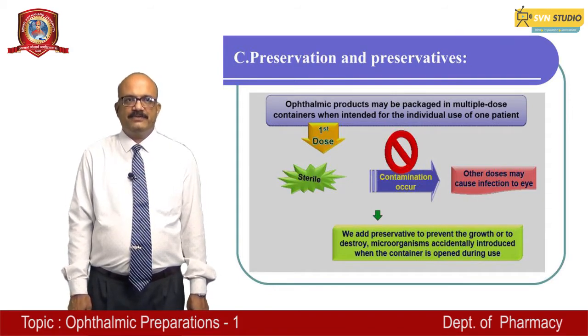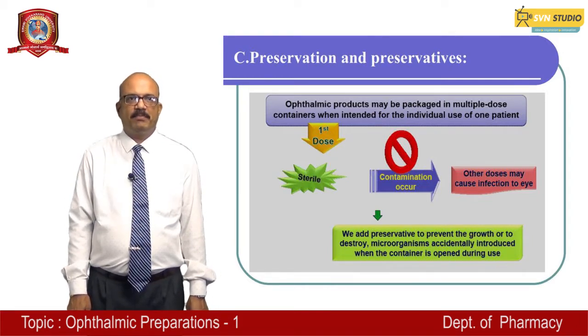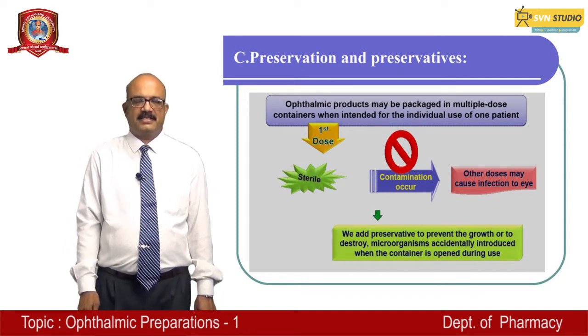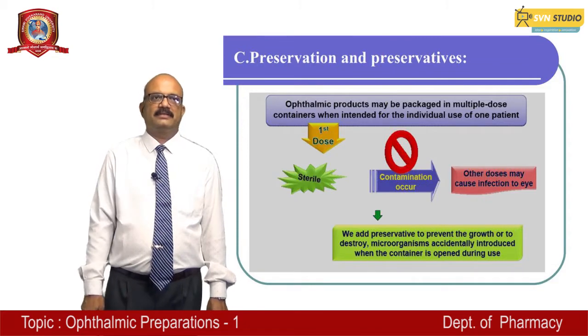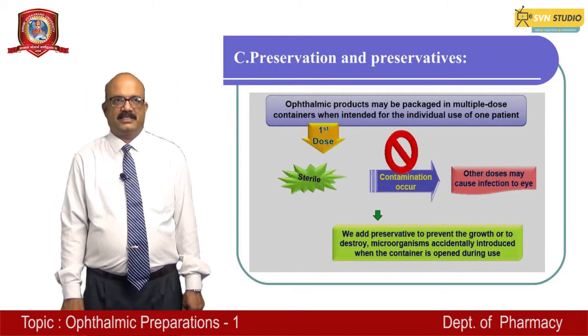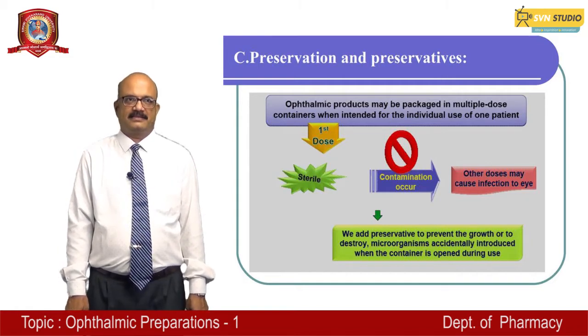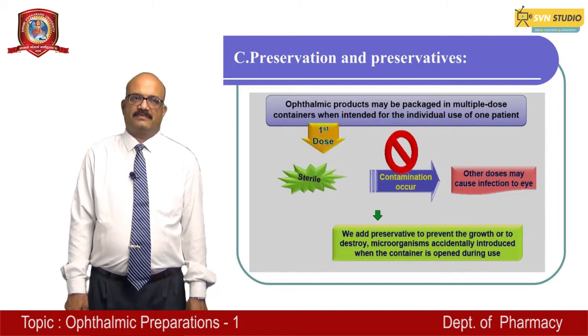When we add preservatives to prevent the growth of or to destroy microorganisms accidentally introduced when the container is opened during use, there may still be chances of contamination. For example, Itone eye drops is generally available as a household medicine. It is available in most houses.